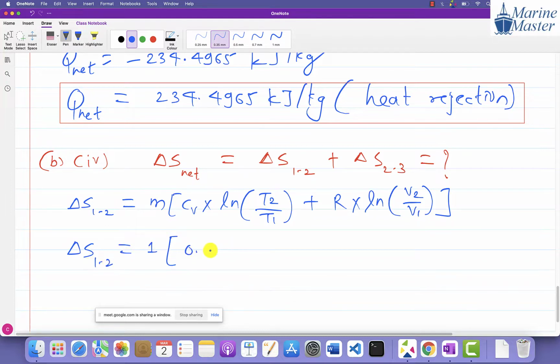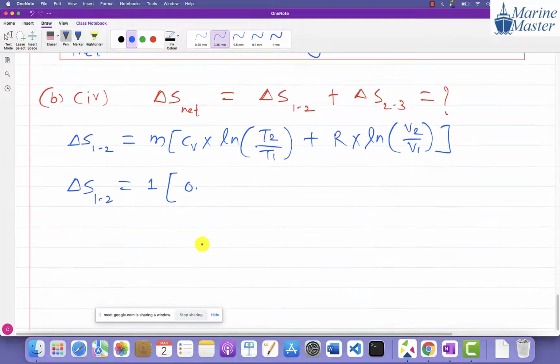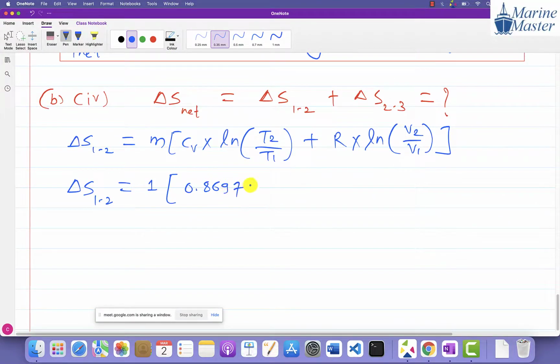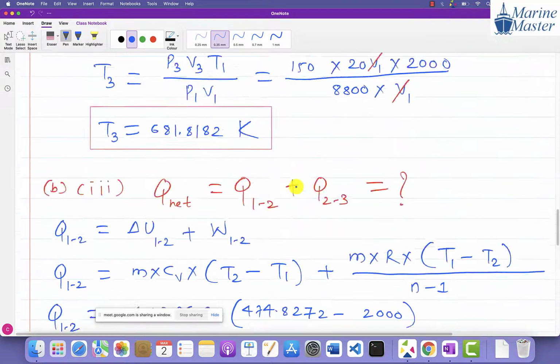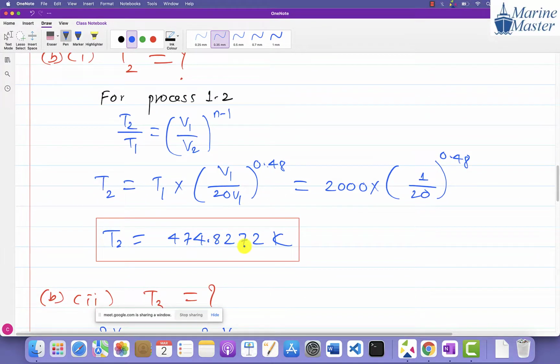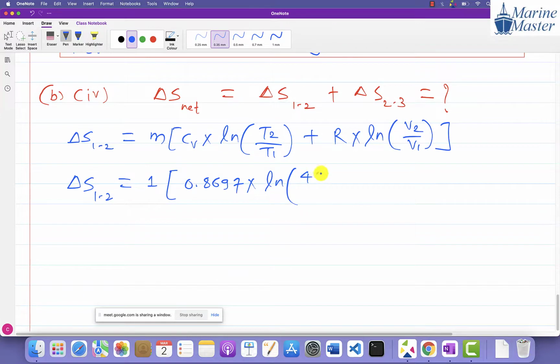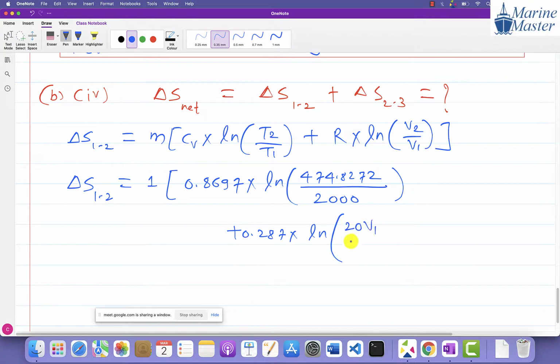Cv is 0.8697. ln of T2, T2 we have in the table as 474.8272, divided by T1 2000, plus R 0.287 into ln of 20 V1 divided by V1. V1 cancels out here. Please do the calculation, and delta S 1 to 2 will be what?